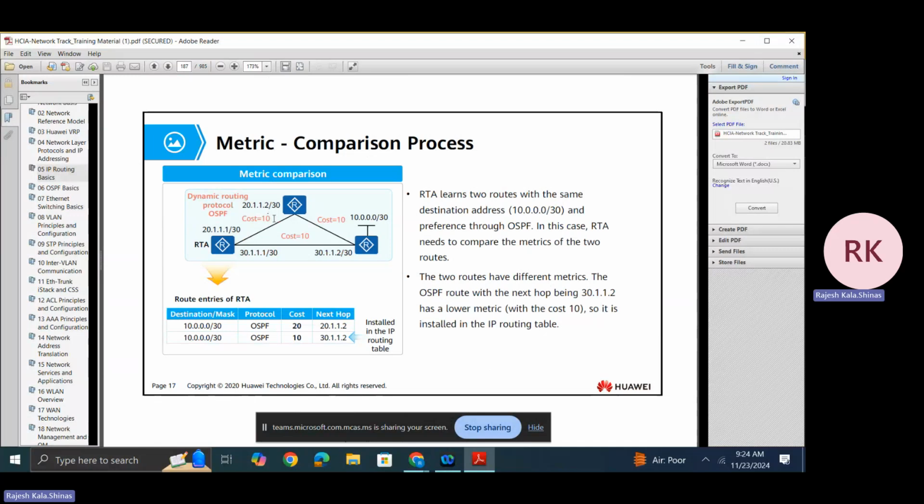If I go through this way, the cost is 10. Which one is lesser? This one, 10. That's why I choose the second one, because to reach 10.0.0.0/30 the next hop is 3.0.1.2. Why do I choose this way? Because the cost of the link is 10. If I go through the other way, it is 10 plus 10, 20, because I have to go here first and only then reach there. So 20. We'll choose only 10.